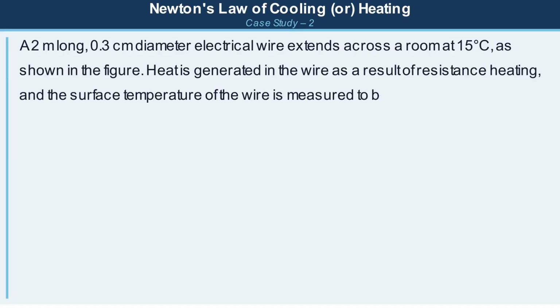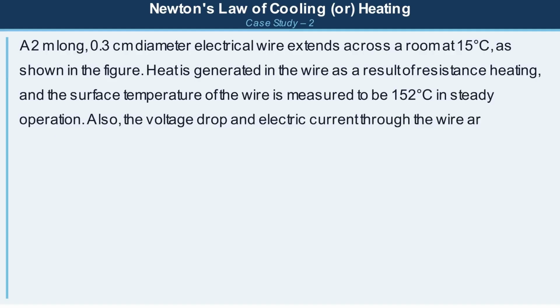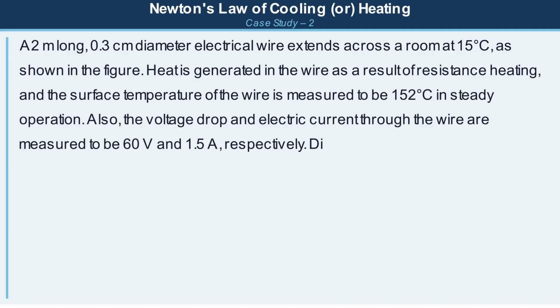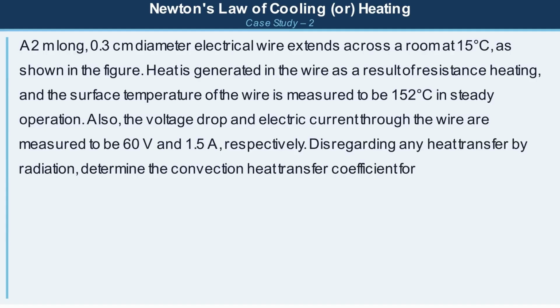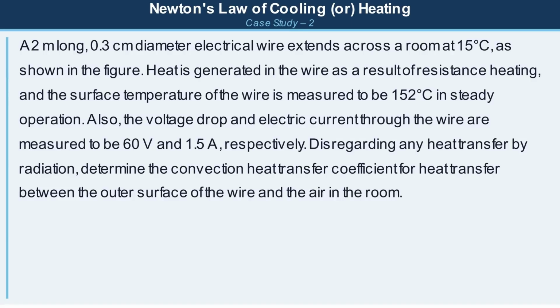Heat is generated in the wire as a result of resistance heating, and the surface temperature of the wire is measured to be 152 degrees Celsius in steady operation. Also, the voltage drop and electric current through the wire are measured to be 60 volts and 1.5 amperes, respectively. Disregarding any heat transfer by radiation, determine the convection heat transfer coefficient for heat transfer between the outer surface of the wire and the air in the room.